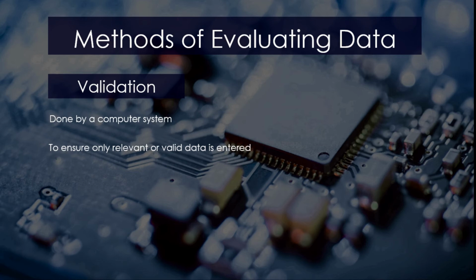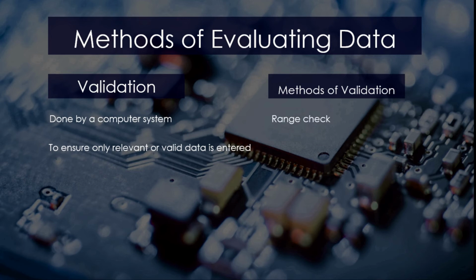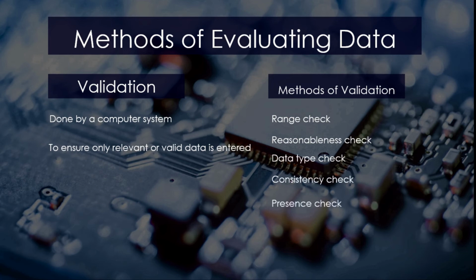Some methods of validation include range check, reasonableness check, data type check, consistency check, presence check, format check, and length check. Let's examine the methods of validation in greater detail.